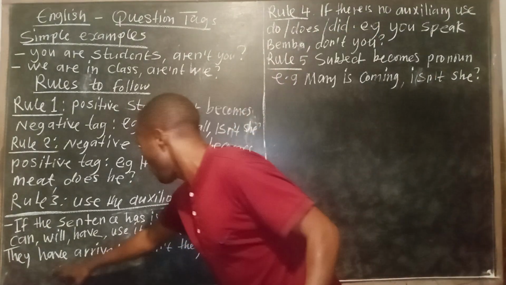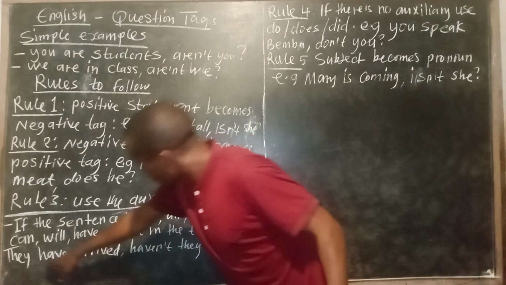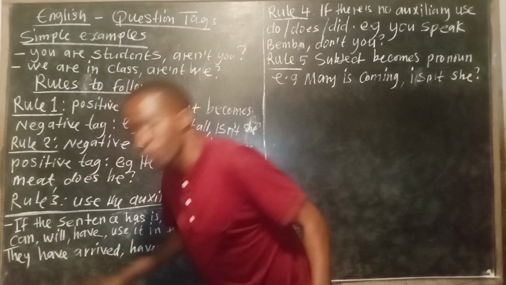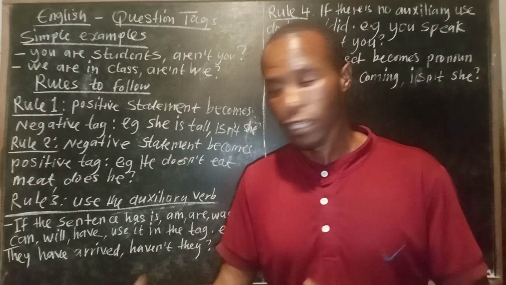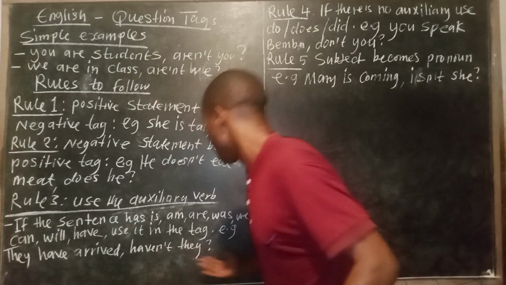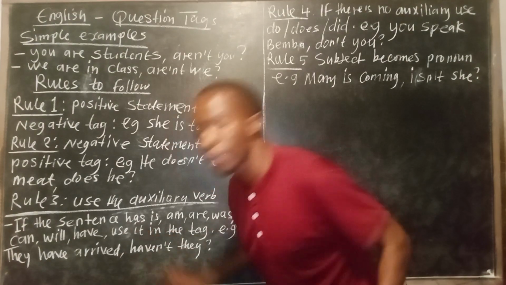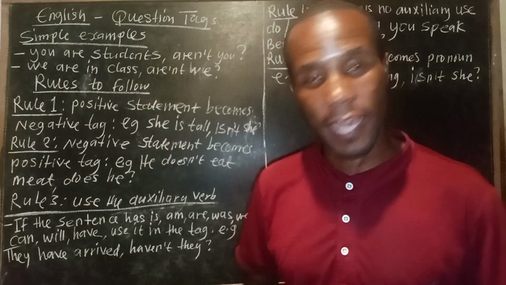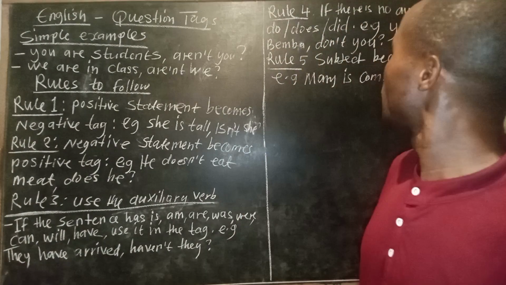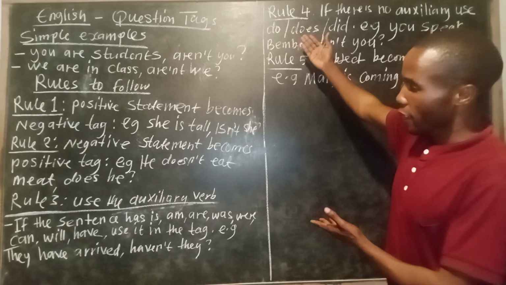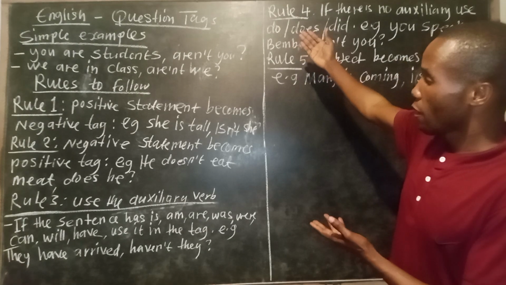Have arrived. So this same auxiliary verb is the one that you are supposed to use in the question tag. So we are going to say, they have arrived, haven't they? You have seen we have used the auxiliary verb, haven't they? Okay, then we are done on rule number three.